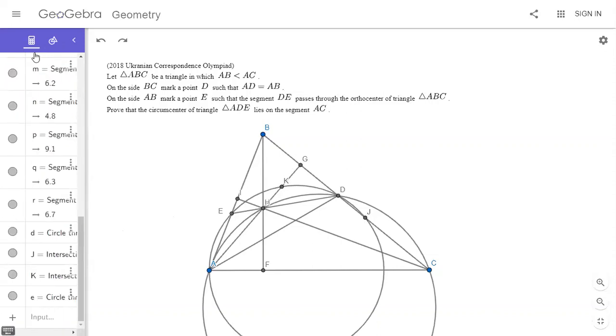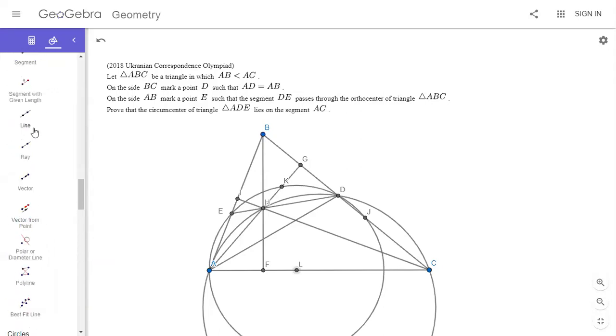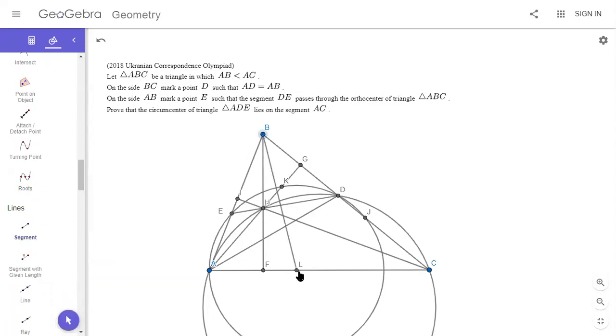So I wonder if BL is perpendicular to DE. No. Oh, no, because we know KL is perpendicular to DE. Let's see, how do we compute angles?